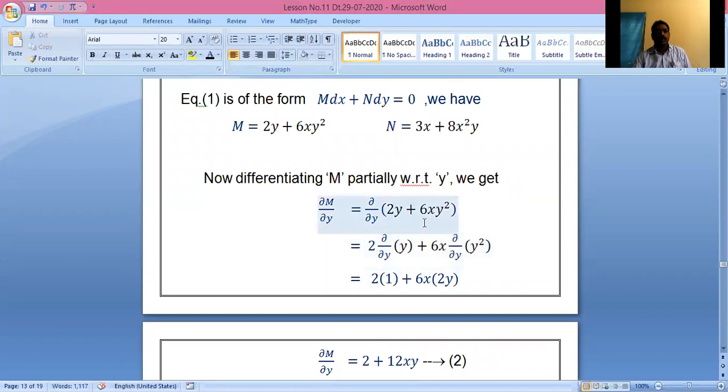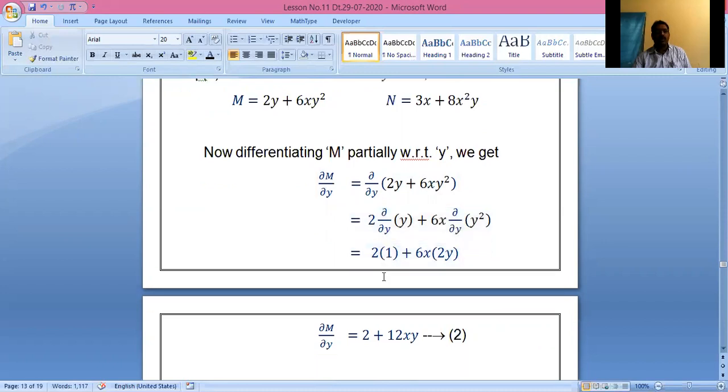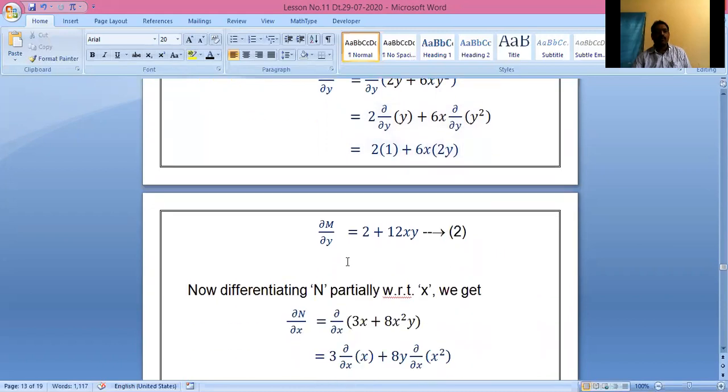In the second term, 6x is constant, so it can be written as 6x ∂/∂y of y². That is 2 into ∂/∂y of y, which is 1, plus 6x into ∂/∂y of y², which is 2y. Therefore, ∂M/∂y = 2 + 12xy. Let this be equation 2.